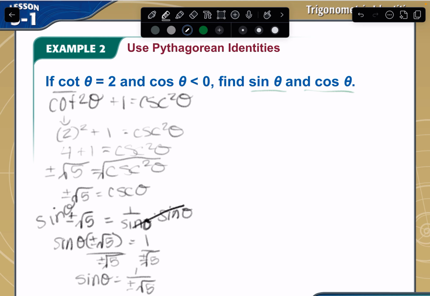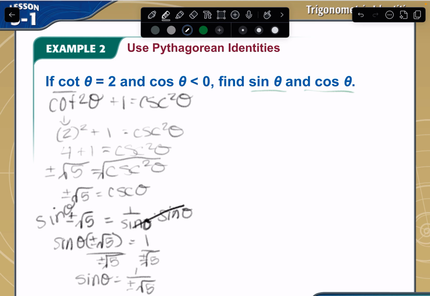Earlier, I mentioned that your cosine value needs to be less than 0. I know that this one is sine, but it applies to both of them. I have a plus or minus square root of 5, and at this point I need to narrow it down to just picking one of those.